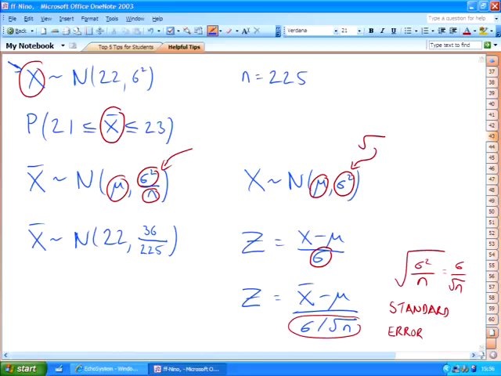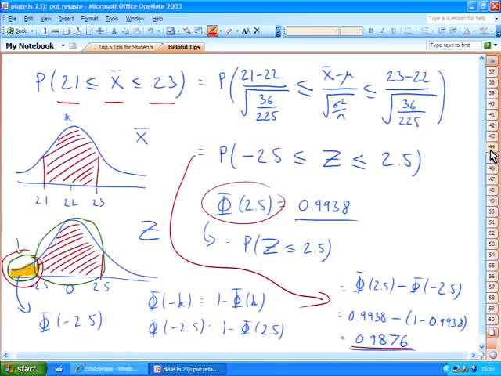So the key point to remember is in our standardization, when we standardize x bar we subtract mu and then divide by the standard error, namely sigma over root n. Okay, and this was then done in our particular example here. Okay, this was the standardization part here. But otherwise you then just go to your tables and pick out the particular probabilities that you require.